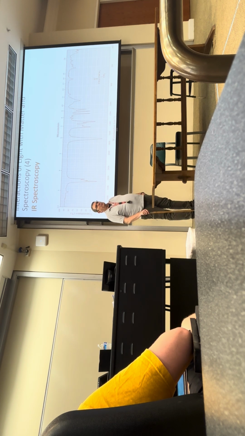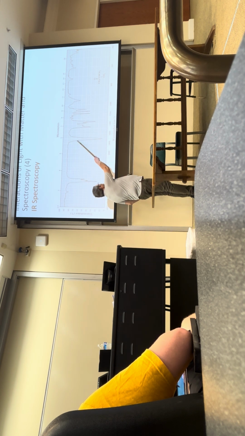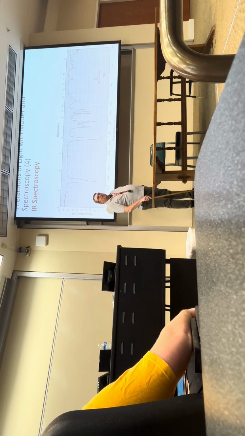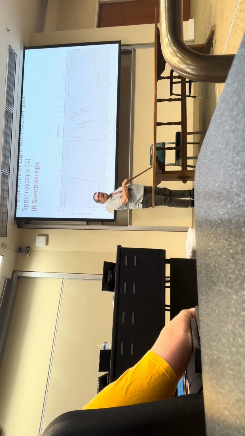But there are a few places in the spectrum that you can look that give very diagnostic peaks. So for example, this very sharp peak here is at about 1,700 reciprocal centimeters, and a sharp peak in that region, say from about 1,600 to 1,750, 1,780, something like that. But basically in this region, that's where carbonyl stretches come.